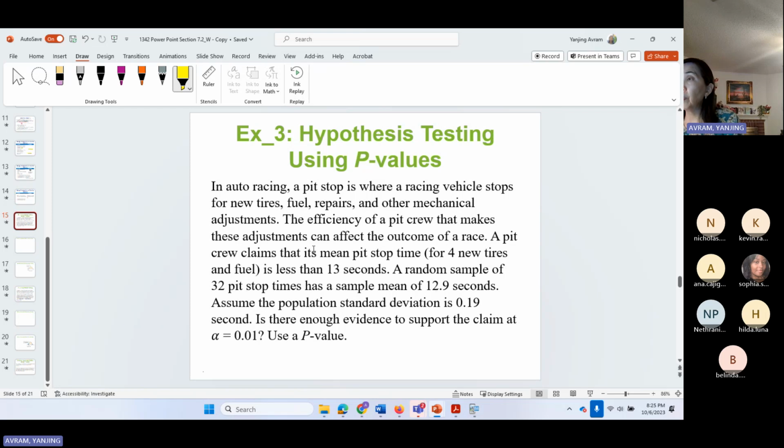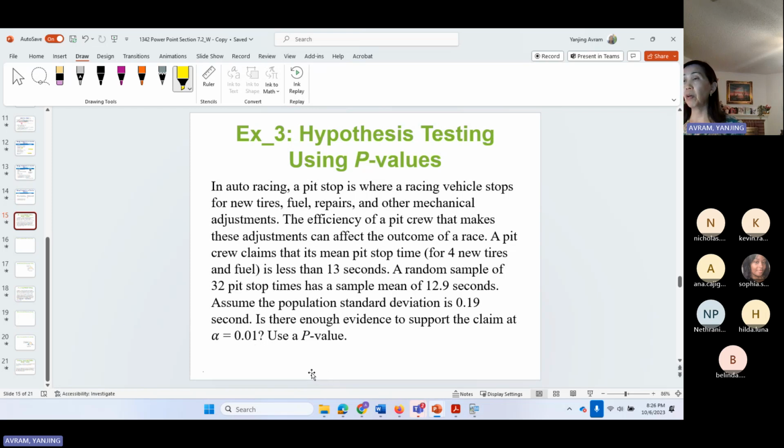All right, so someone is telling you this is less than 30 seconds. Do you believe them? Well, now a random sample of 32 pit stop times has a sample mean of 12.9 seconds. Assume the population standard deviation is 0.19 seconds. Is there enough evidence to support the claim at alpha equal to 0.01 level?